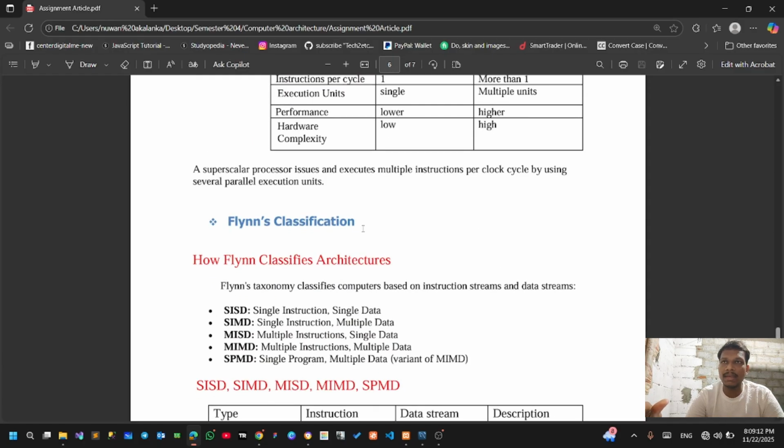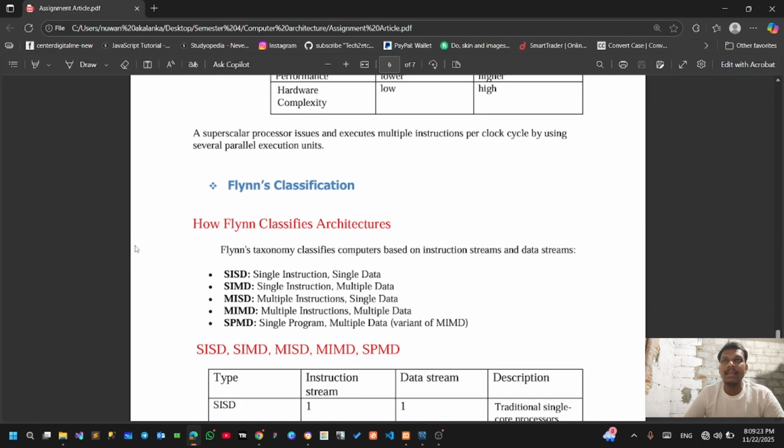Next we have the main topic, Flynn's classification. So how is Flynn's classification architecture? Flynn's taxonomy classifies computers based on instruction streams and data streams. We have 5 types here.